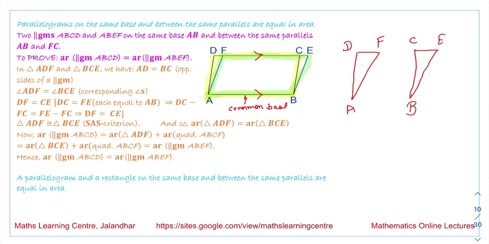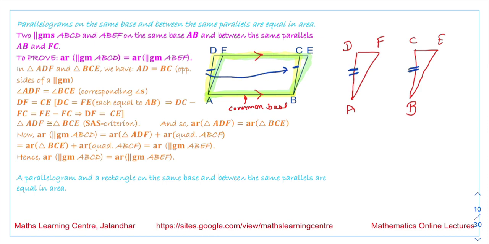Now in these two triangles we have AD equal to BC. We are talking about these sides AD and BC. These two sides are equal to each other because they are sides of a parallelogram.